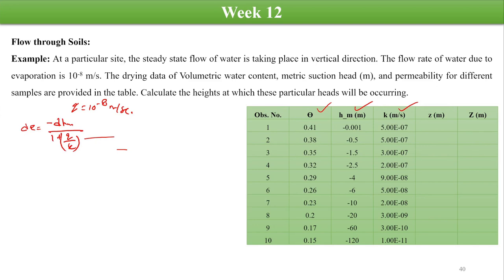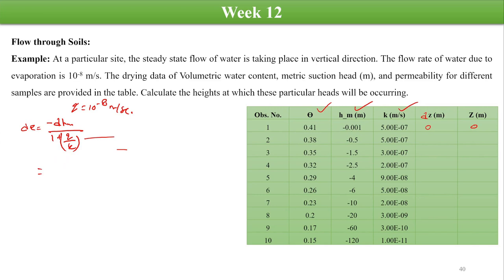So let's say for the first one, this occurs at depth from the top 0. Okay, let's say for the second one we determine the dz, so it will be calculated by minus dhm. What is the head difference?